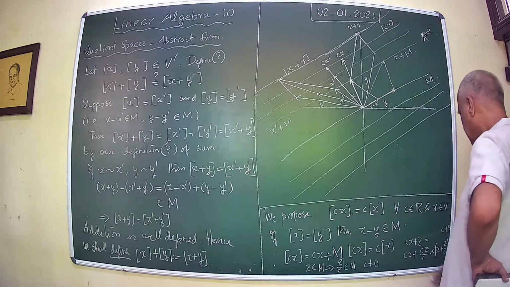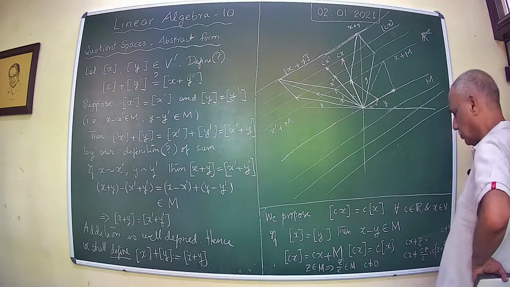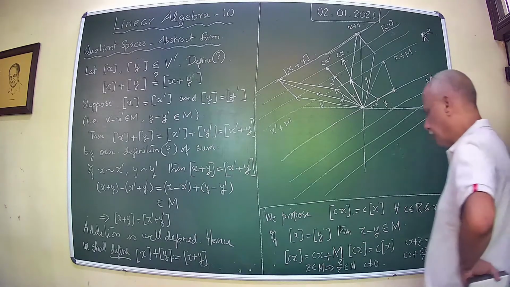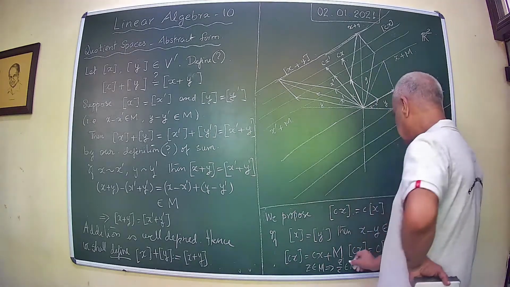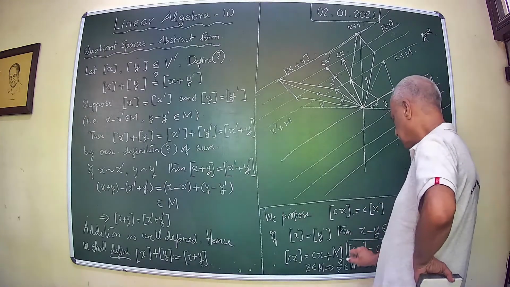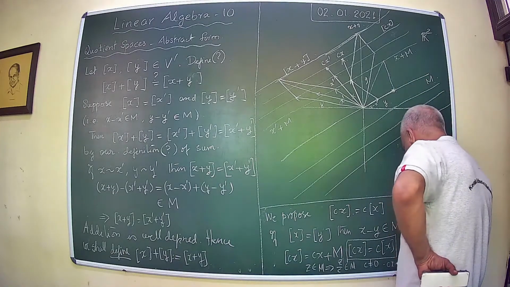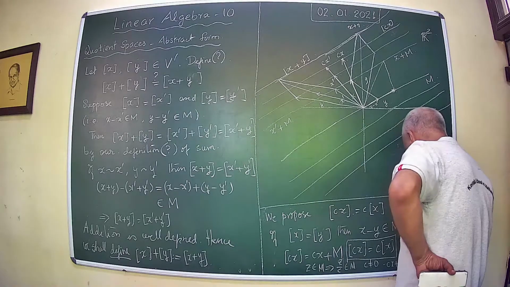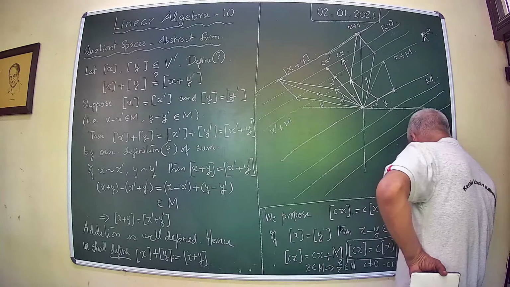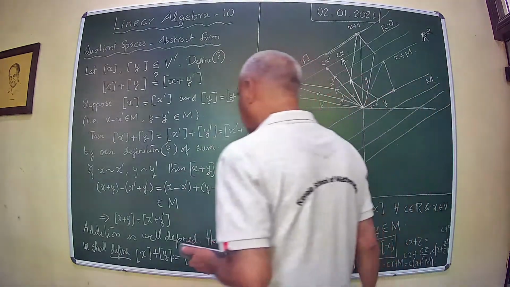If C is 0, then there is no question because 0 plus M, you are in M. Therefore, you see that this is well defined. Therefore, you can conclude that Cx plus M equals C times x plus M. That's it.